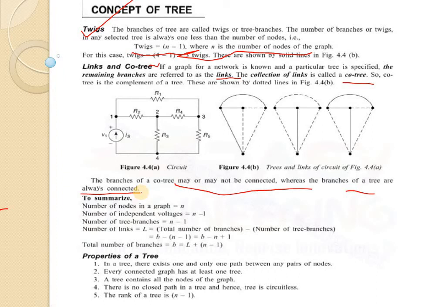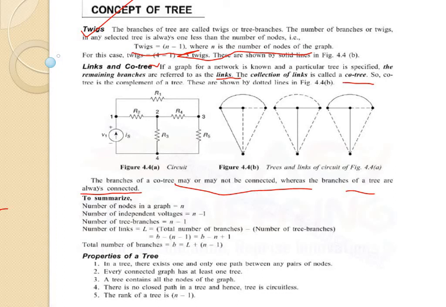Now the properties of the tree. In a tree, there exists one and only one path between any pair of nodes. Secondly, every connected graph has at least one tree. Third, a tree contains all the nodes of the graph.